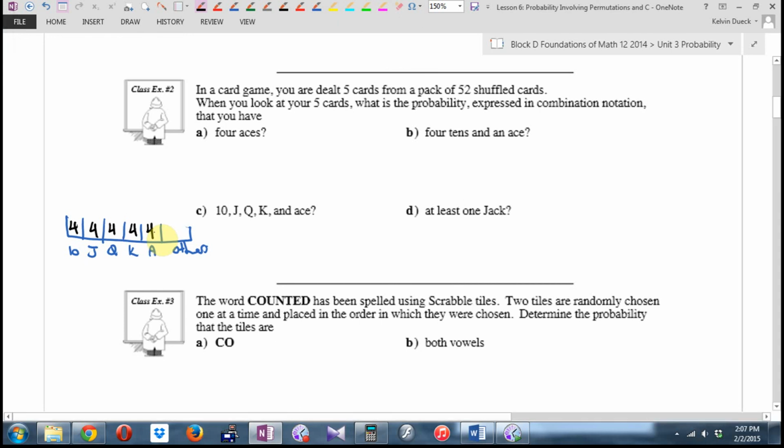Use the complement. 1, 2, 3, 4. Oh, it's 5 times 4 is 20. Really? You had to go 52, take away 20 on your calculator? 32 others, right? And I want 1, 1, 1, 1, 1, none.